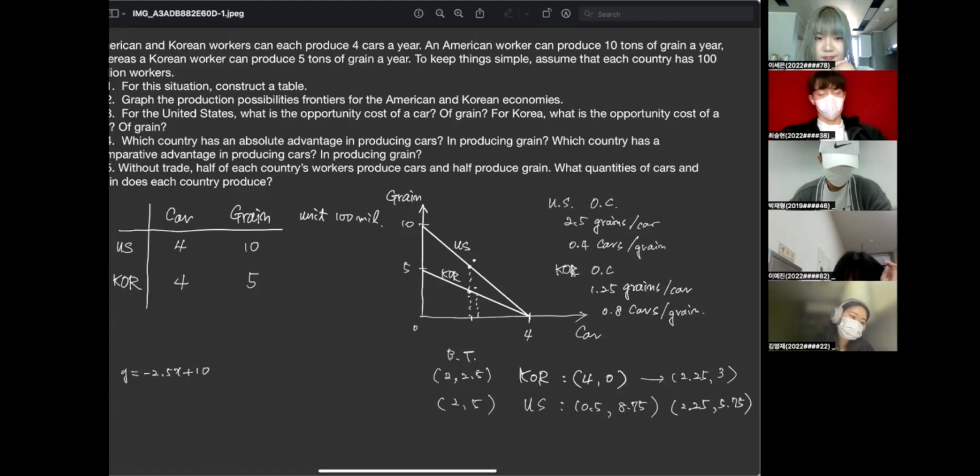Some countries enjoy grain more. Whether it is rice or wheat, different countries have different tastes for each grain, right? So that is exactly determined in the market. But at this point, we are not applying each country's preference or indifference curve.